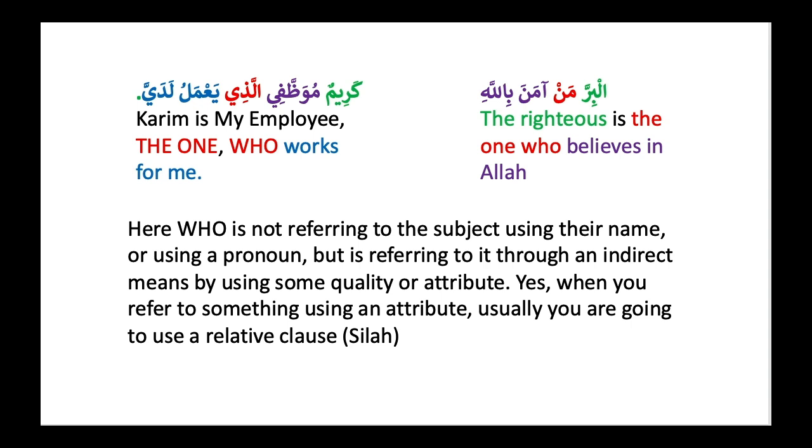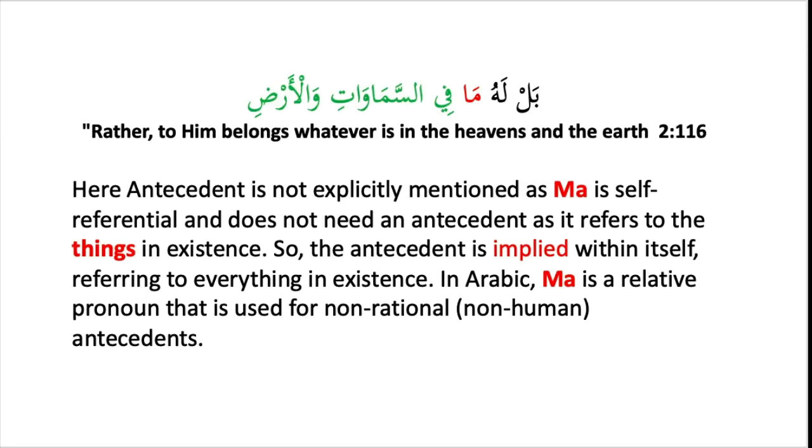As you recollect, the most common Ismul Mowsul is allazi, allazina, allati, as well as man and ma. Allazi and man will act in the same way, having an antecedent or a subject before the relative pronoun, which is Ismul Mowsul. Man is used to refer to a human being, but ma is used to refer to an object or a thing.